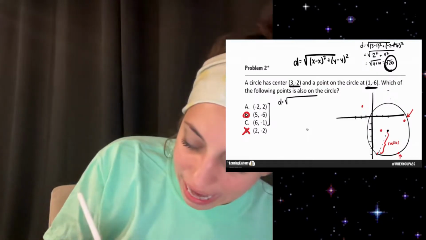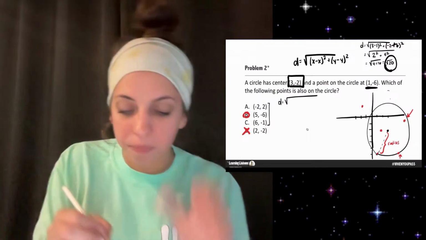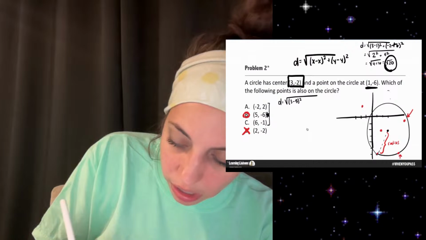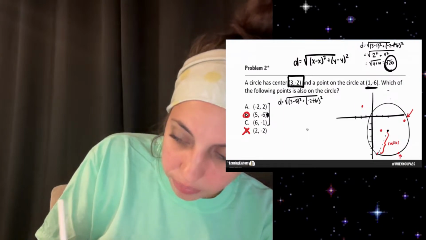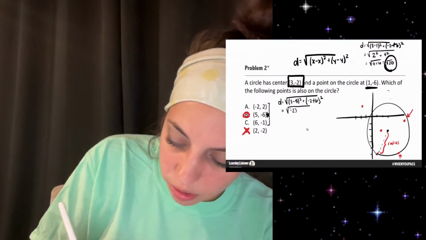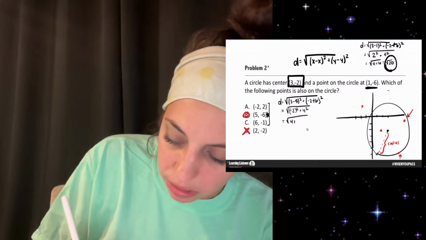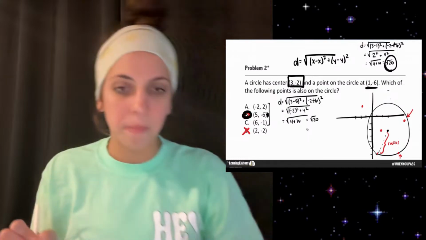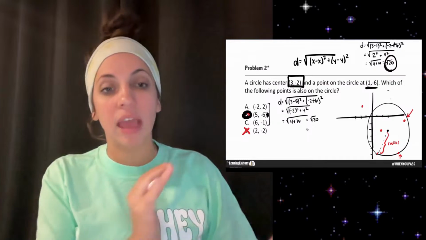Square root of, now I'm going to use the center and this point, (x minus x) squared plus (y minus y) squared. 3 minus 5 is -2 squared plus 4 squared. 2 squared is 4 plus 16 equals the square root of 20. We found our answer.